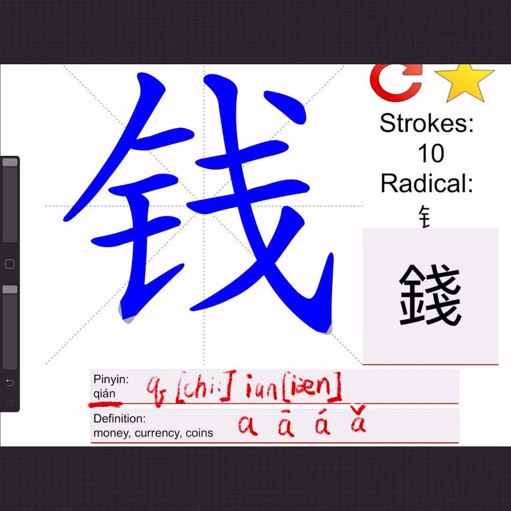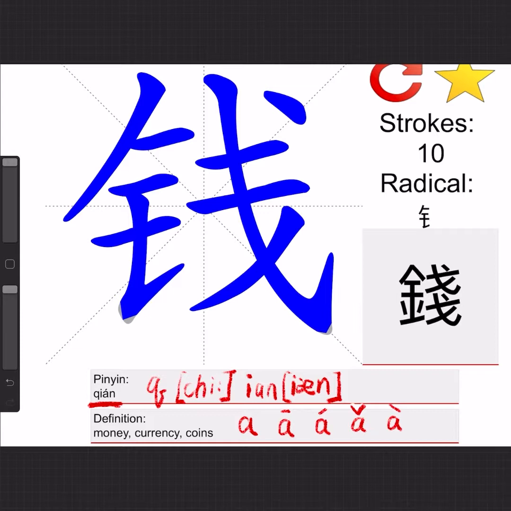Okay, here comes the last one, the fourth tone. Ah. The stick comes from upper left towards the lower right. Ah.